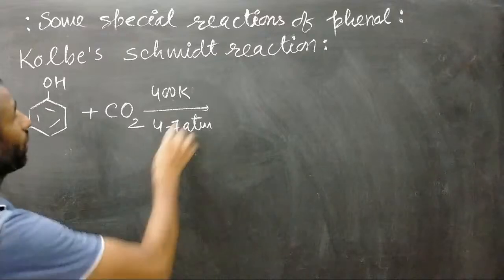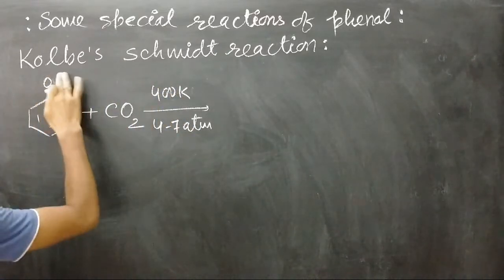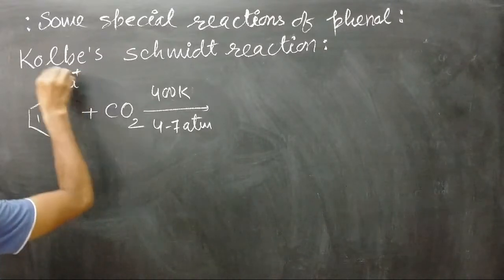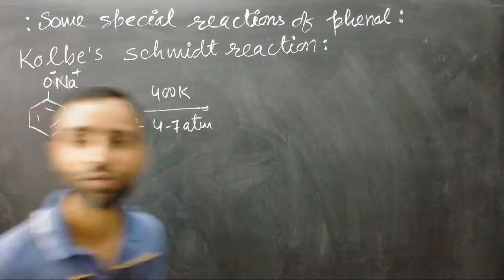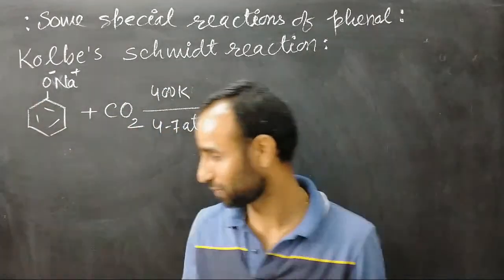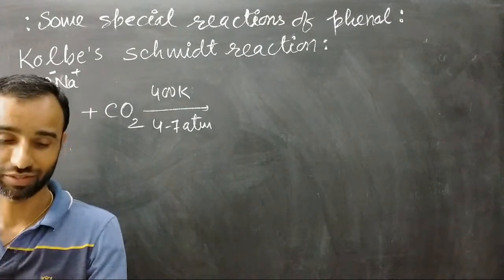So first of all, in sodium hydroxide, phenol is converted into sodium salt. Now tell me, CO2, is it electrophile or nucleophile? And how can we justify that it is that particular kind?